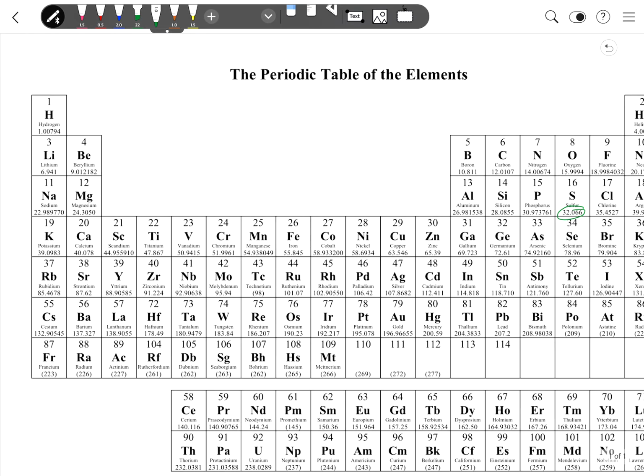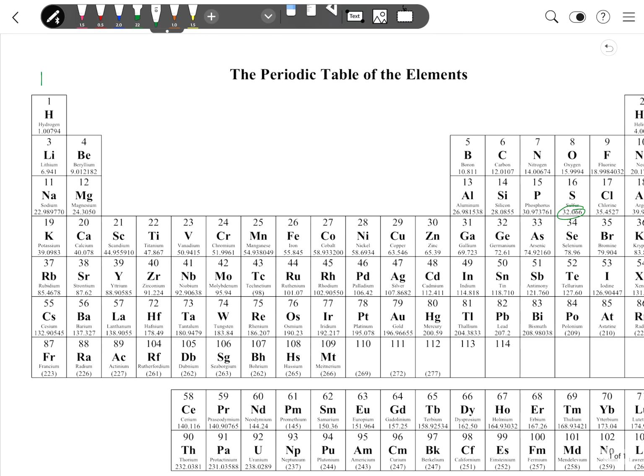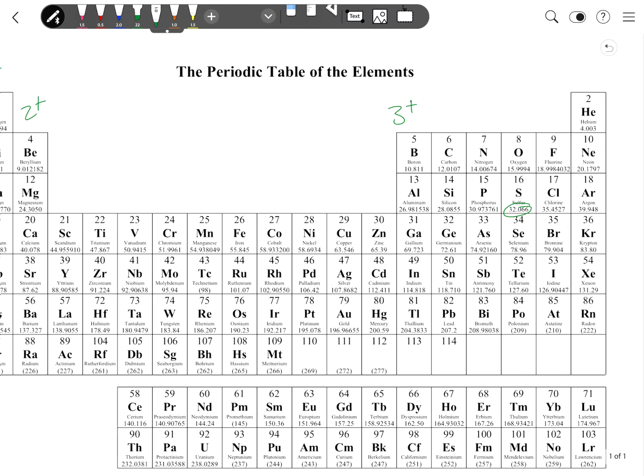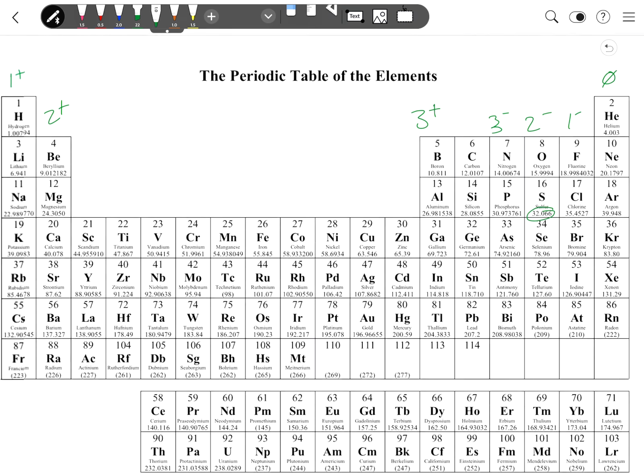And here's group 1. That'll be a +1. Group 2 is +2 or 2+. Group 3, 3+. Group 8 is 0, -1 for 7, -2 for 6, 3- for 5. And so that's what those charges happen to be.